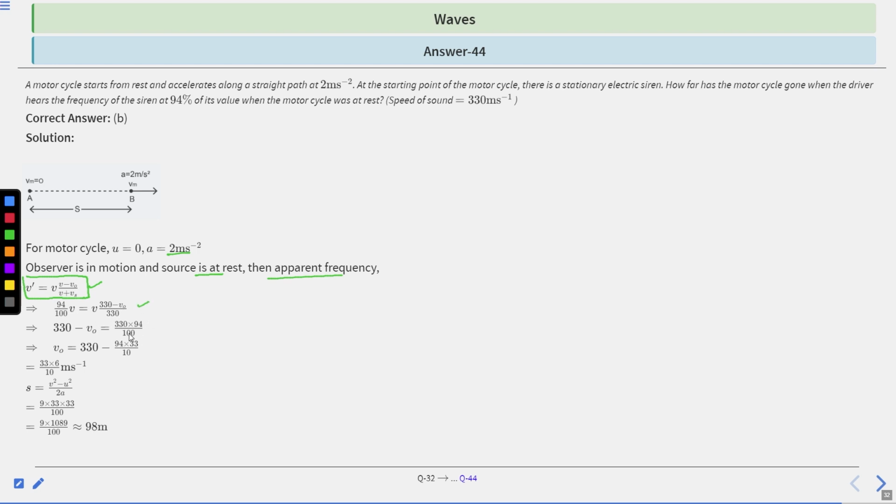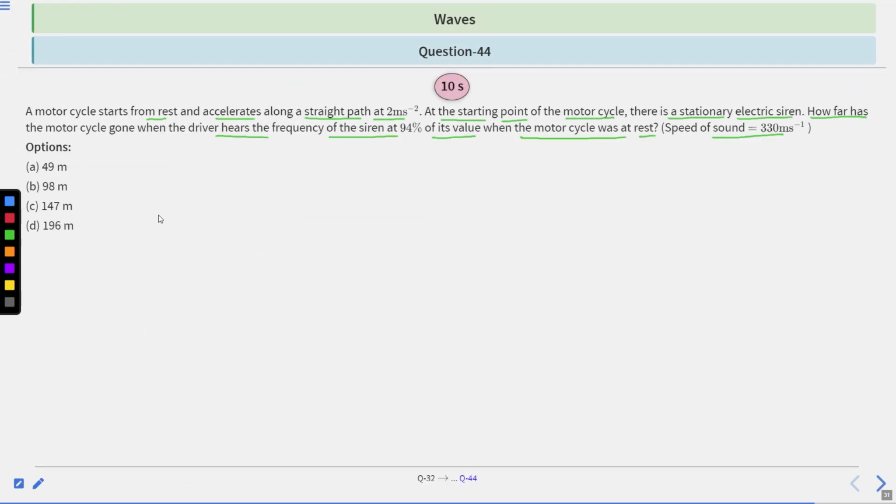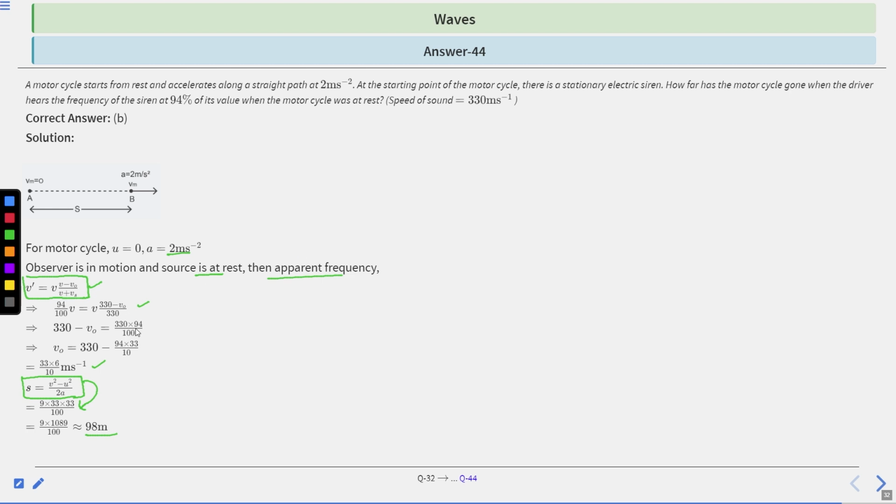After solving, you will get v naught equal to 330 multiplied by 6 divided by 100 meter per second, and s is equal to v square minus u square divided by 2a. Using this formula and putting in all the given terms, you will get the answer 98 meter. Clear? So option B is correct. 98 meter is the correct answer.